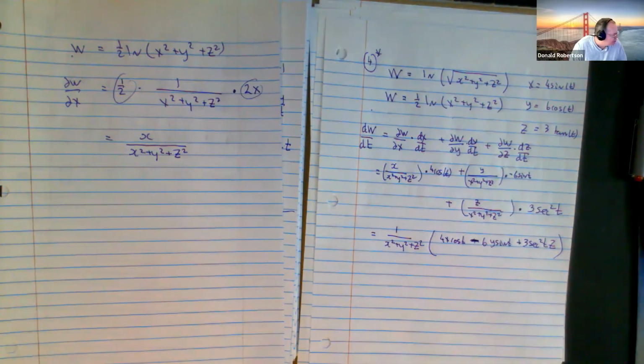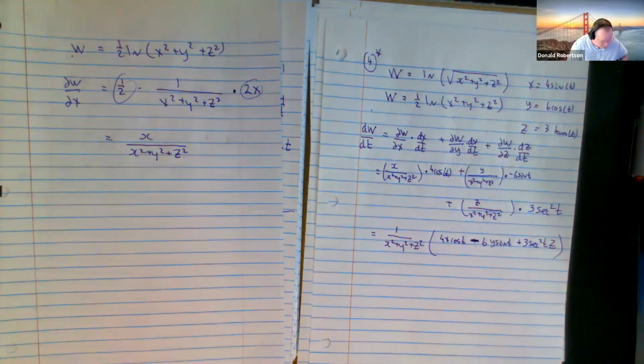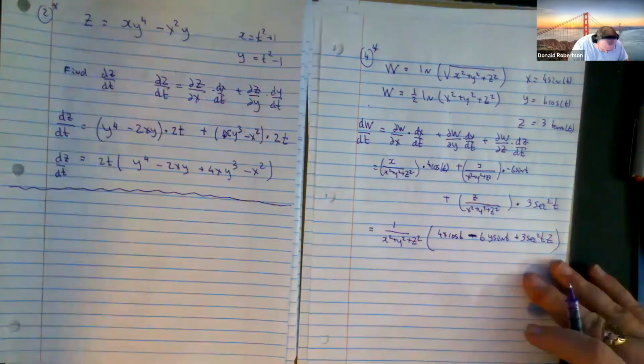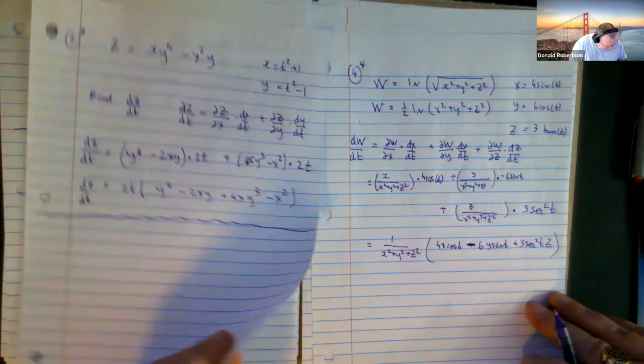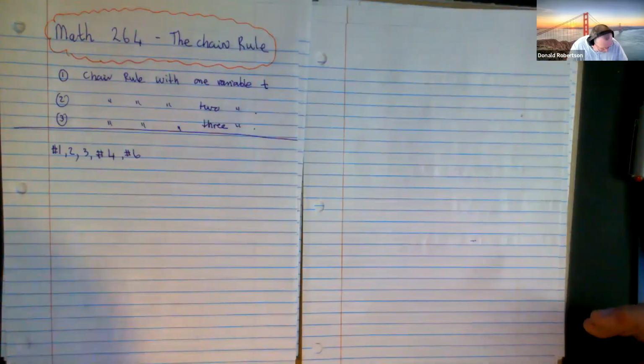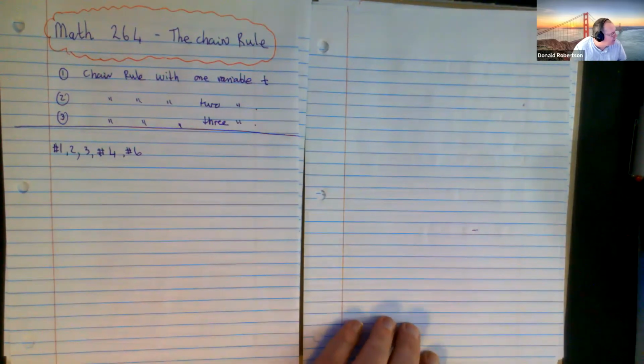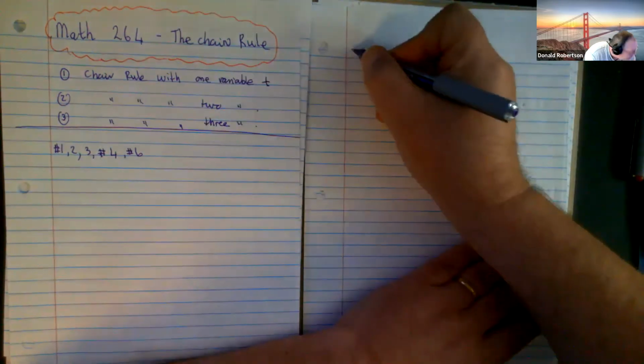Okay, let's do a double one. So what do you do, or how do you deal with the fact that you may have a function where there's 2 variables? An example of that, let's pick something interesting. Yeah, this one will do. This is question 6.